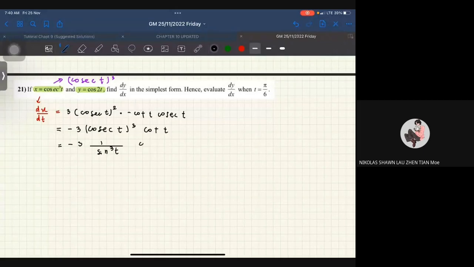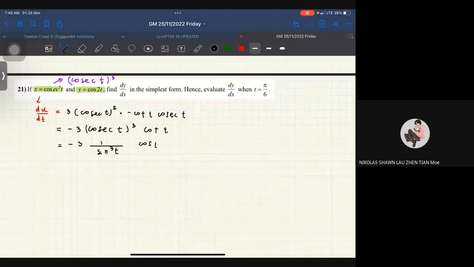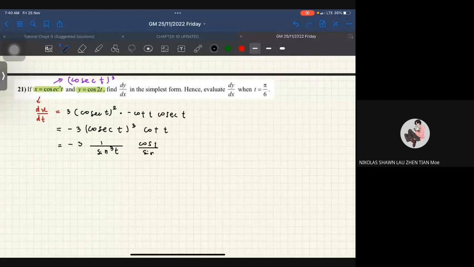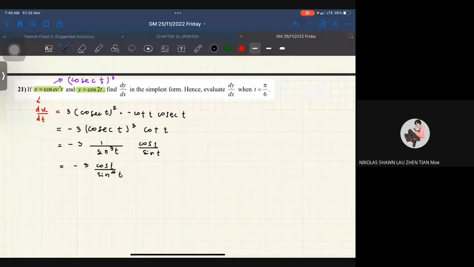So I have cos t over sine t. Okay, so let's simplify lagi this one. So saya ada sine dengan sine, saya combinekan sahaja. So I will have negative 3 cos t over sine power of 4t. Okay, so this is my final answer.